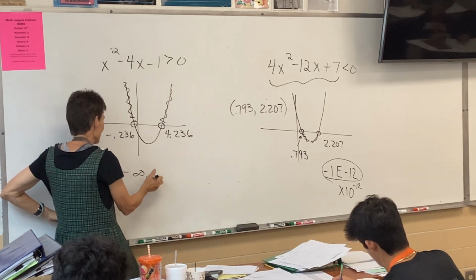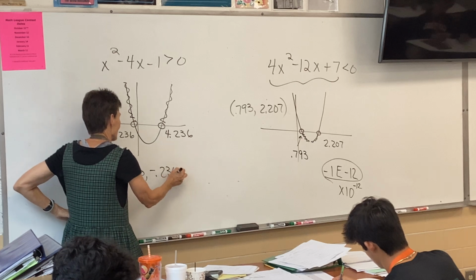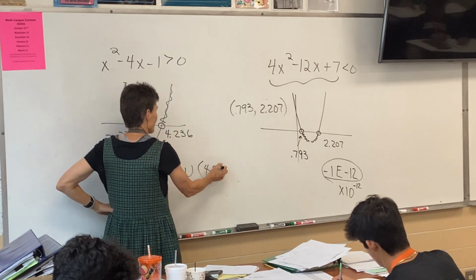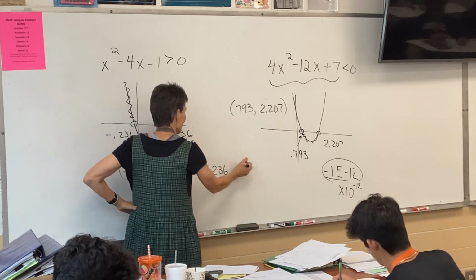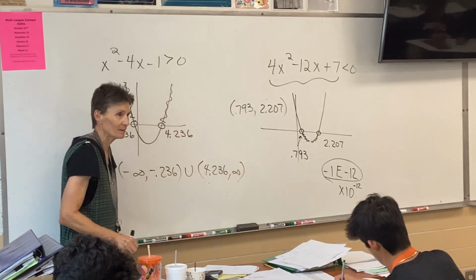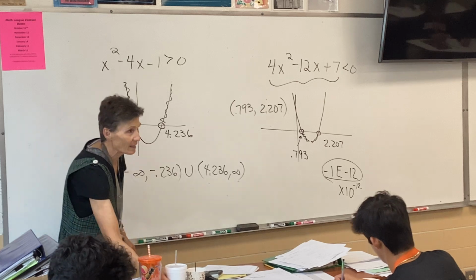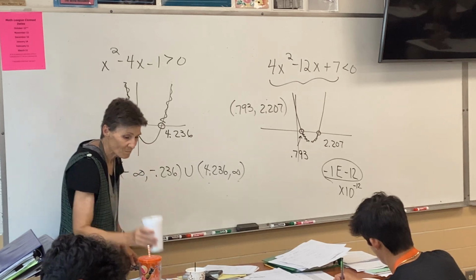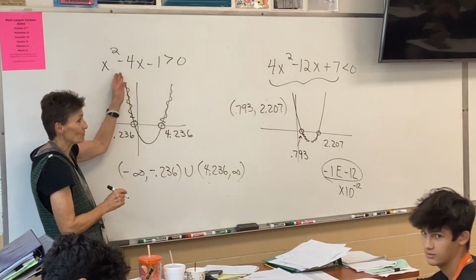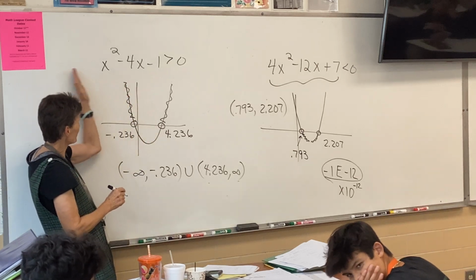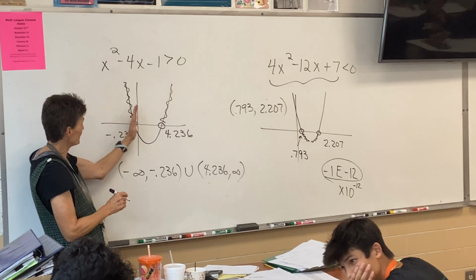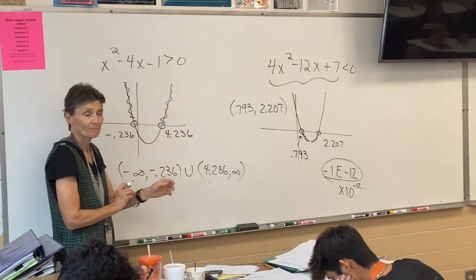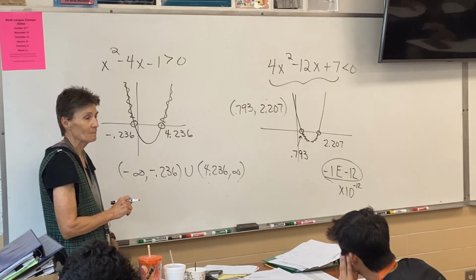Negative infinity to negative 4.236, beautiful, or 4.236 to infinity. You guys are amazing, that's exactly right. Remember, we're graphing x values. These are x values. So all of the picture over here, so negative infinity up to that point, and then that point on. Perfect.